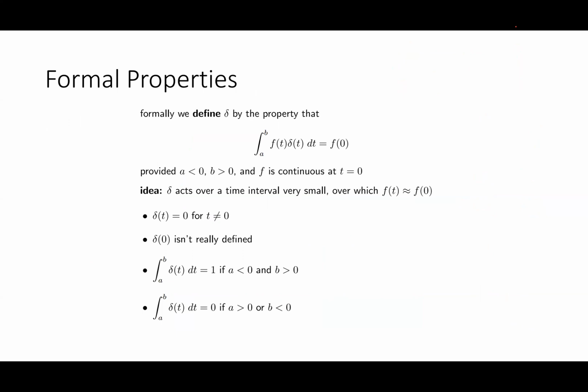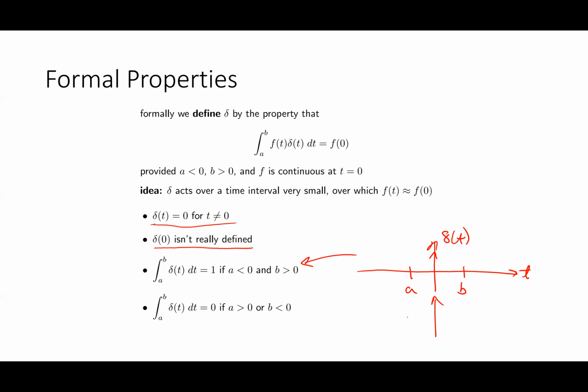I basically say delta of 0 is not really defined, right? I know that delta of t is equal to 0 for t not equal to 0. The other thing I'm saying is here, if this is time and this is delta of t, and a is here and b is here, my area is 1.